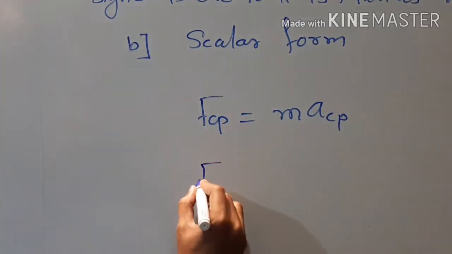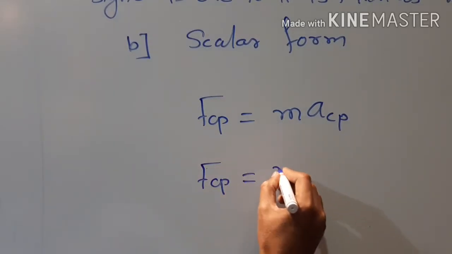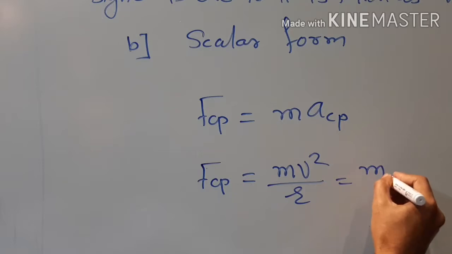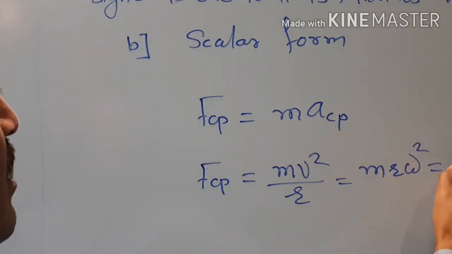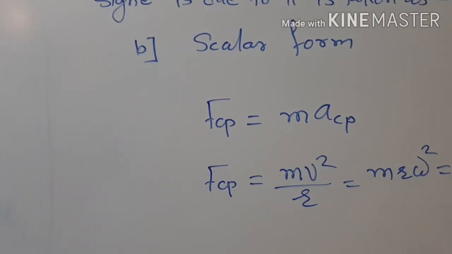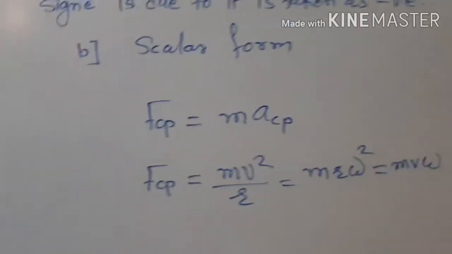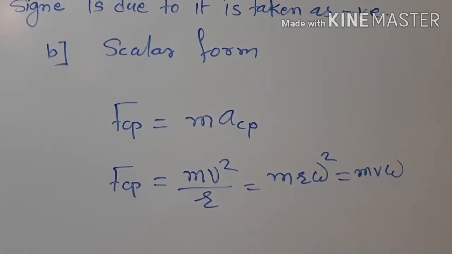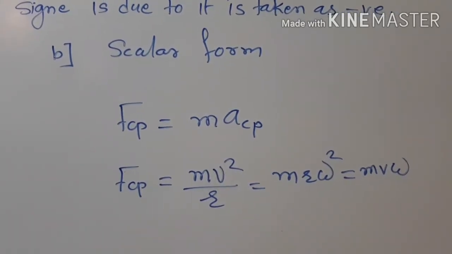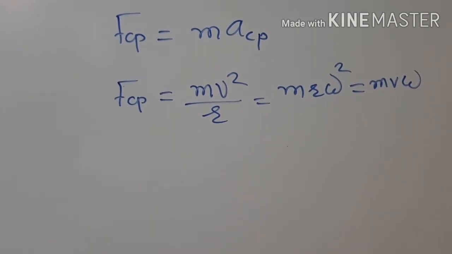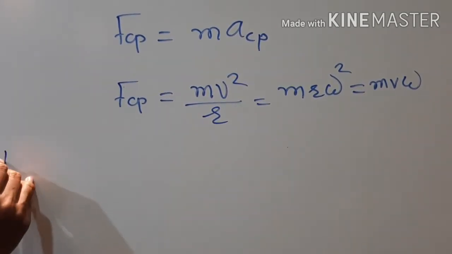So write down the centripetal force in three forms: m v square upon r is equal to m r omega square is equal to m v omega. So we completed the second point, formula.